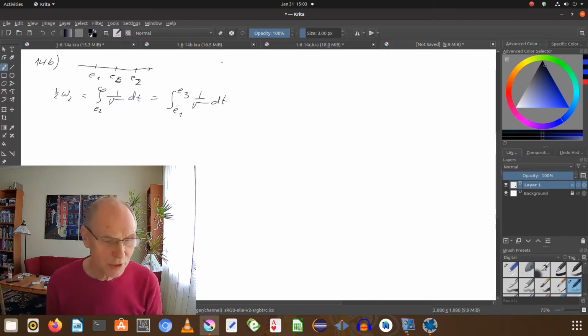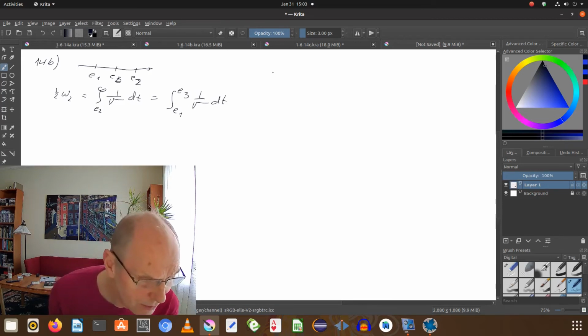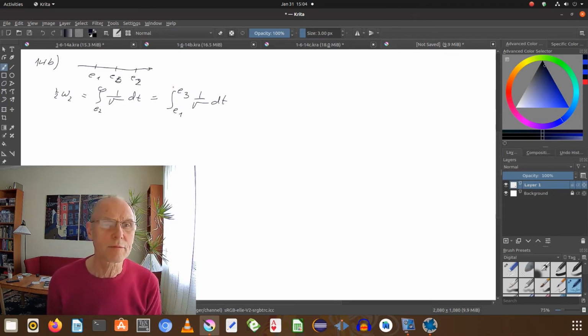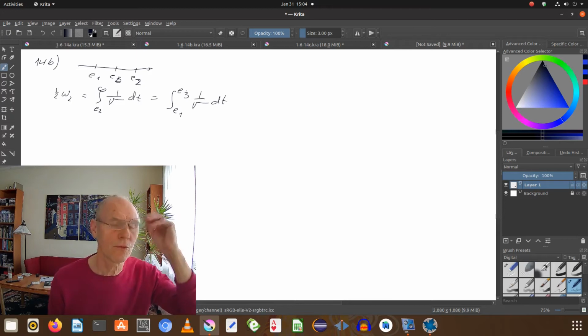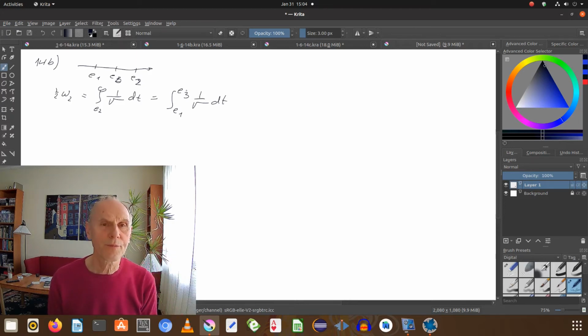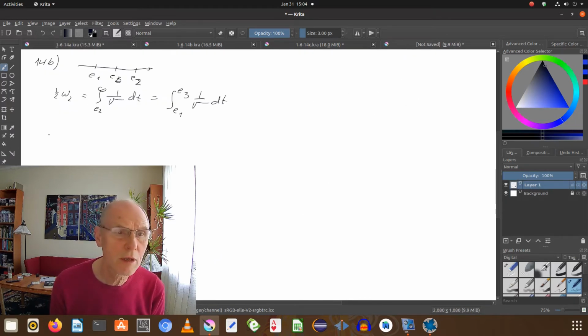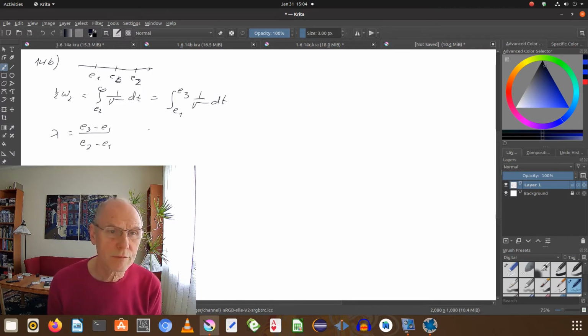Which was established in exercise, I don't know, it's 12 or 13. All right. So, and now we also get our lambda, e3 minus e1. That doesn't make sense.